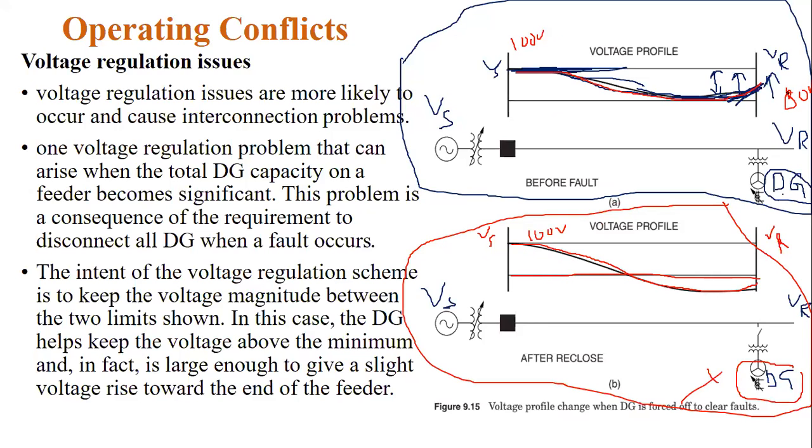To improve this, you can add some DG, so it may be maintained at 90 to 95 volts. Due to some external fault, you can suddenly remove this DG, and it will fall to 60% of that level.